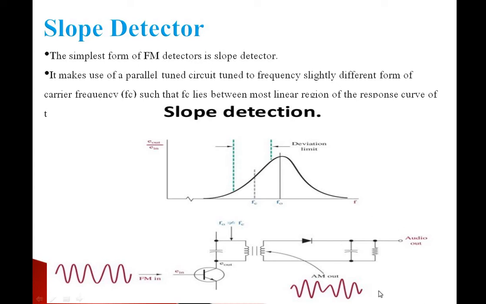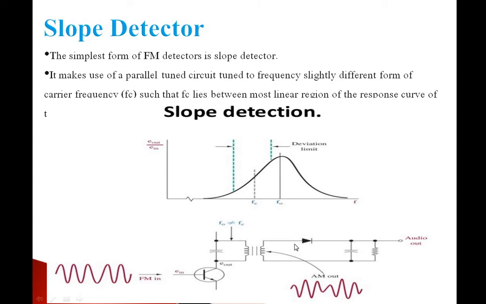This is your discriminator part, nothing but your frequency selective network. From here you are giving the input, that is your frequency modulated signal. Correct?